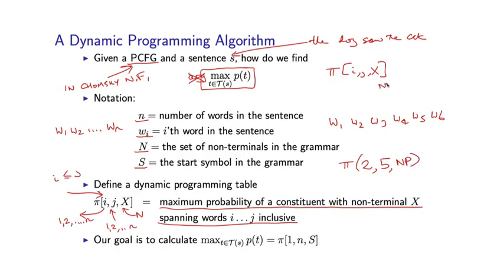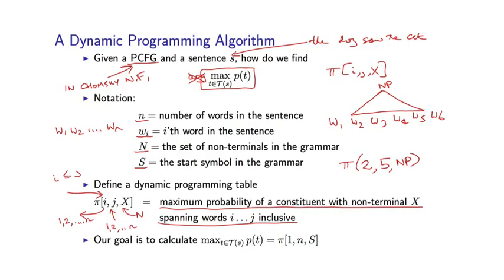If I think about the symbol NP, there are potentially many different ways that an NP can have a parse tree underneath it which spans words 2 through 5 inclusive. Every one of those parse trees will have a probability, which is simply the product of the rule probabilities within that parse tree. And pi of 2, 5, NP is going to be the highest probability for any parse tree with NP spanning those words 2 through 5.